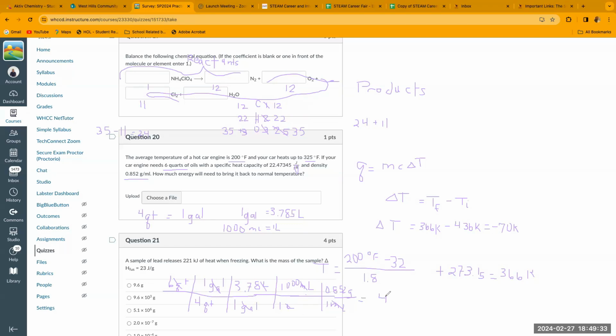That's going to equal 4,837, and that's grams. Since we only have one significant figure, we can round that up to 5,000 grams.